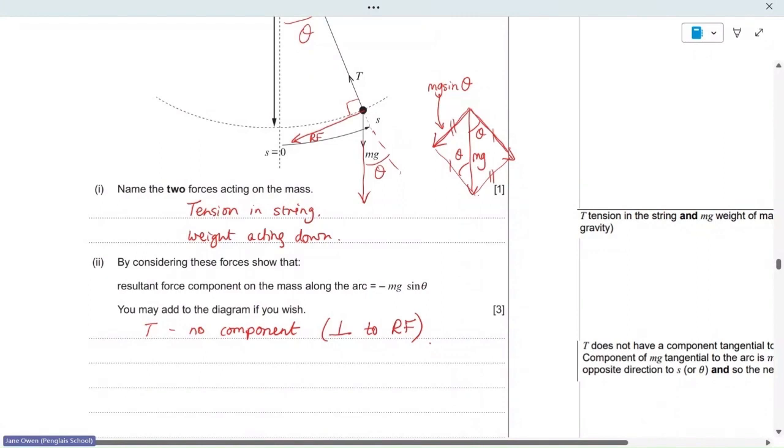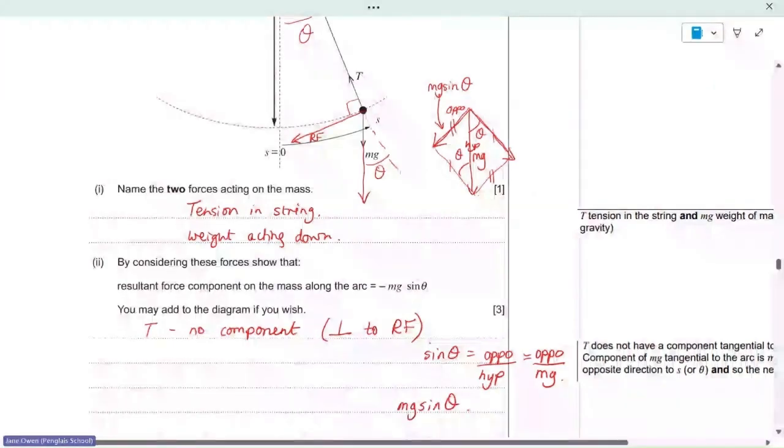But if you want to be strict about this, this is the opposite side that I want to find. This is the hypotenuse, which is mg. And then sine theta is equal to opposite divided by the hypotenuse, which is the opposite bit, what I'm trying to get, divided by mg. So that is mg sine theta.